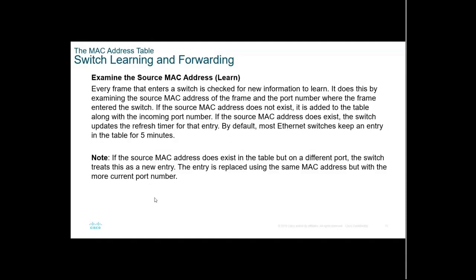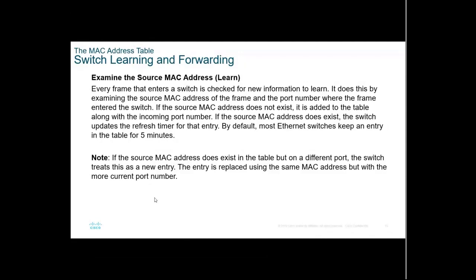It does this by examining the source MAC address of the frame and the port number where the frame entered the switch. If the source MAC address does not exist, it is added to the table along with the incoming port number. If the source address does exist, the switch updates and refreshes the timer for that entry.